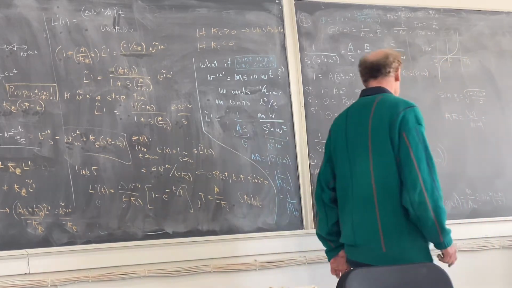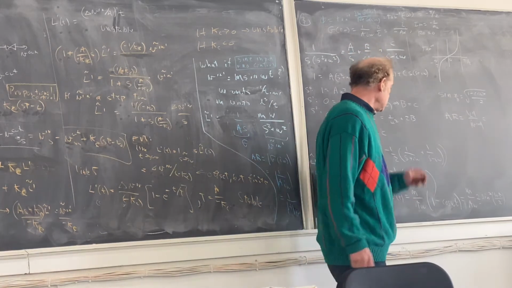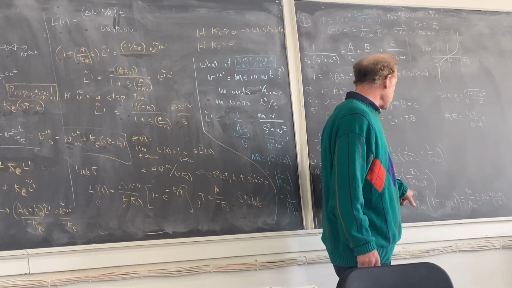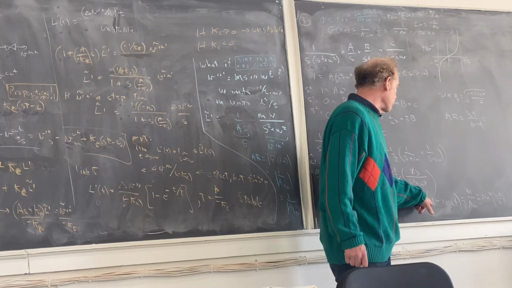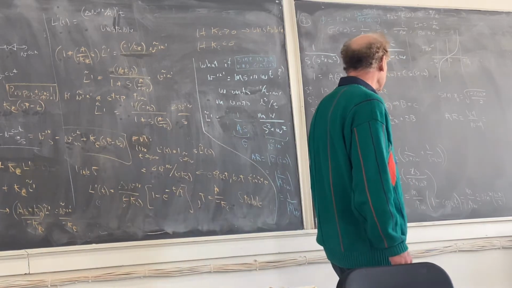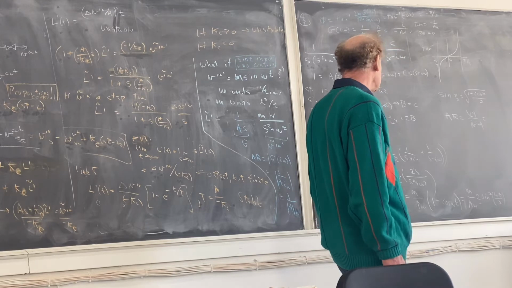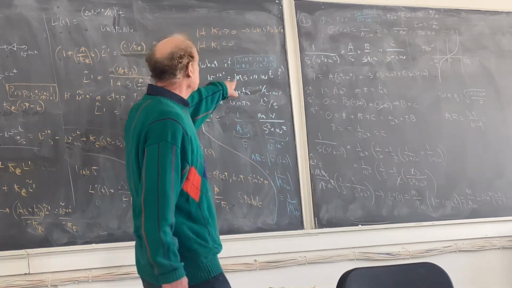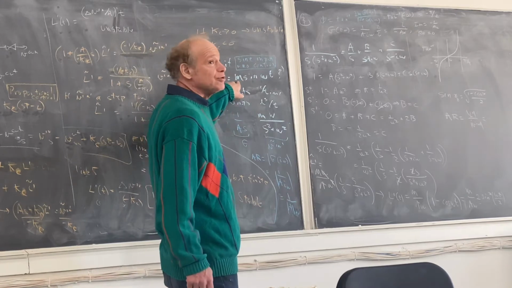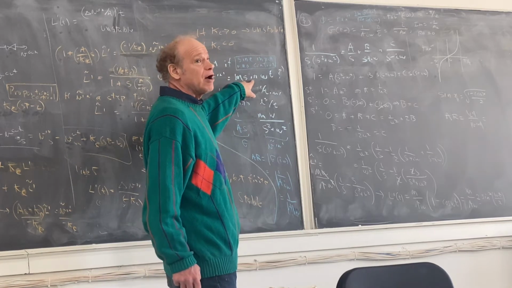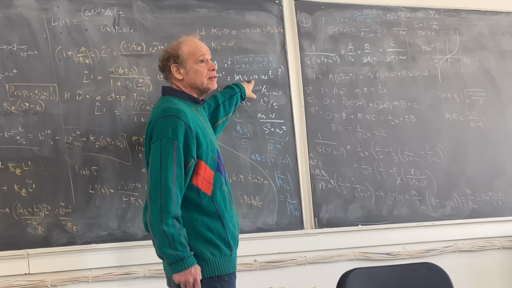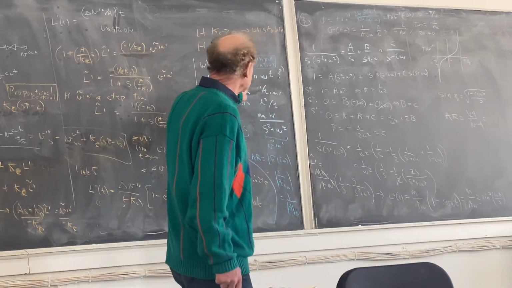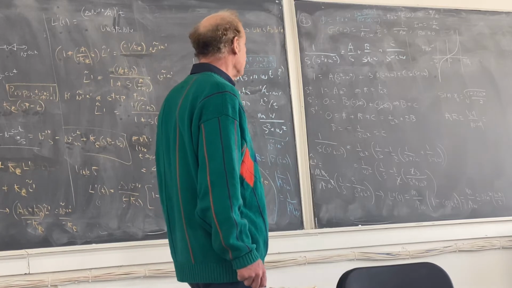Well, L prime, the magnitude of this, I've got an m over i omega, and I have 1 minus cosine omega t. And the input is m sine omega t. Well, the magnitude of the sine goes from 0 to 1. It's the maximum that goes from 0 to 1. So clearly this thing has an m here.